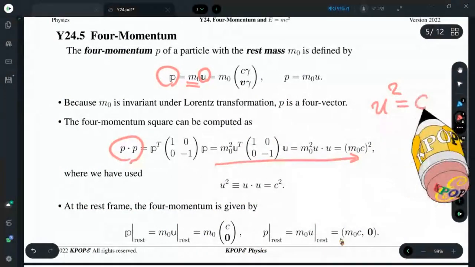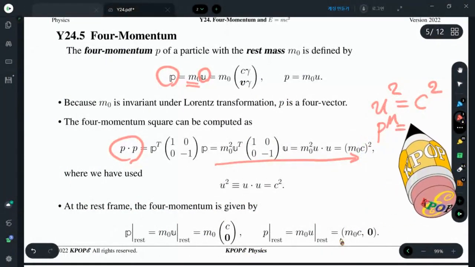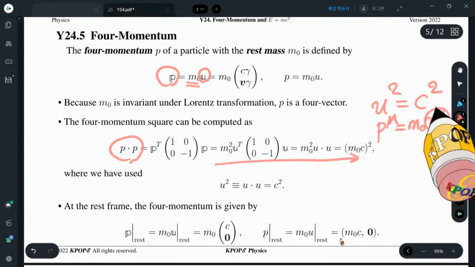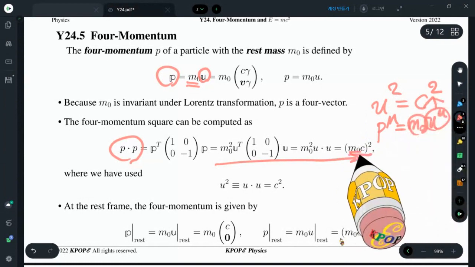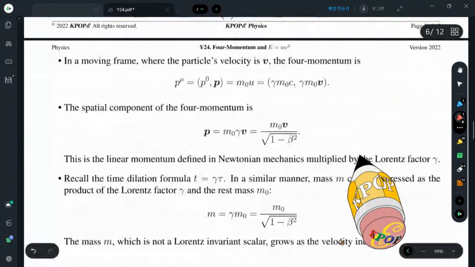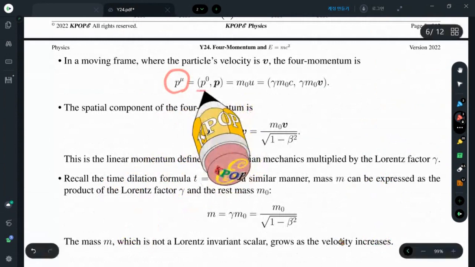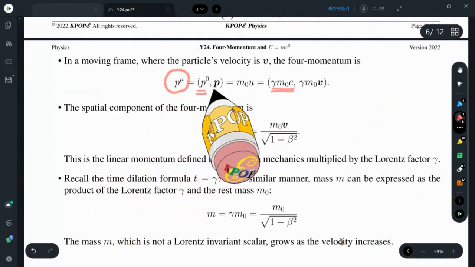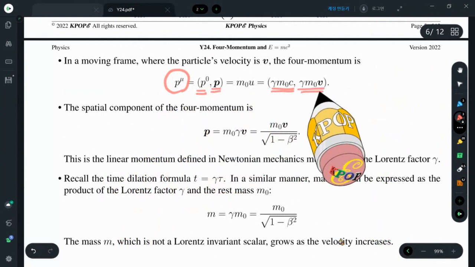Because u squared equals c squared. What you have done with p mu equals m0 multiplied by u mu. Because u mu squared is c squared, the answer is just nothing but m0 c squared. Okay. So we have constructed a four momentum that has a time component gamma m0 c and the spatial component gamma m0 v.